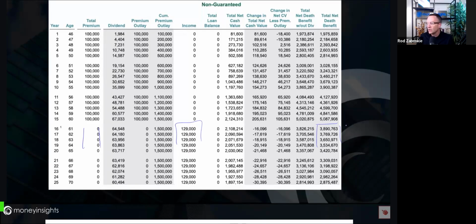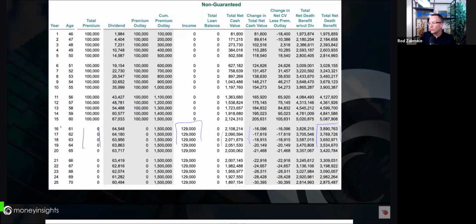And so $129,000 is that number. And so in a sense, we're kind of drawing down a portion of the account as we go, so that we can take the maximum amount of income. Okay. But you'll notice in both cases, cash value and death benefit are reducing or going down as we go.